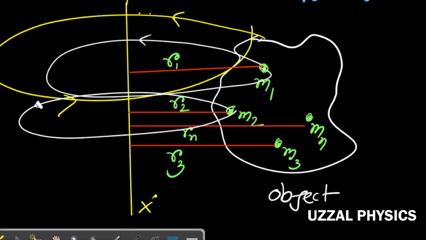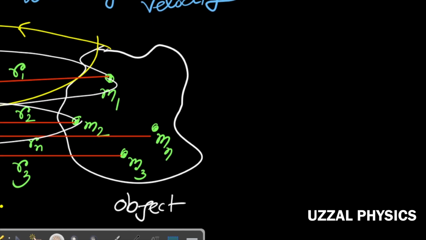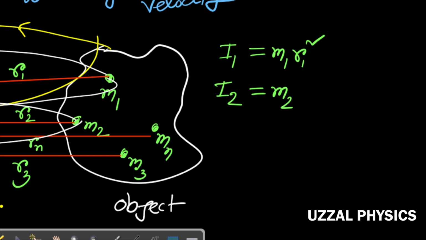Now our duty is to find the moment of inertia of the m1 particle. Suppose the moment of inertia of the m1 particle is I1. Our equation is: we write m1 and the perpendicular distance squared, r1 squared. This is the moment of inertia of the m1 object. For the second particle, we can write m2 r2 squared. For the third particle, we can write m3 r3 squared.